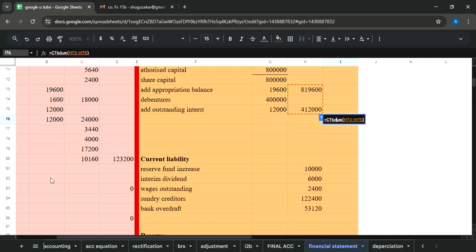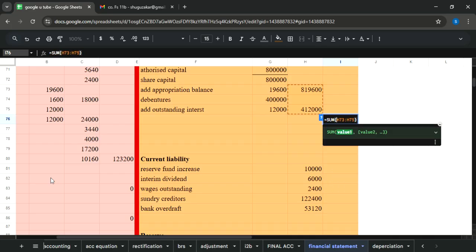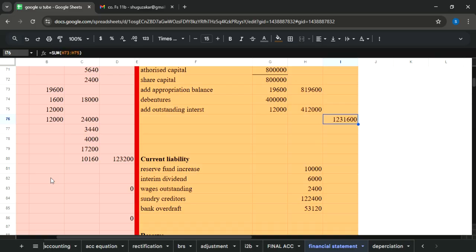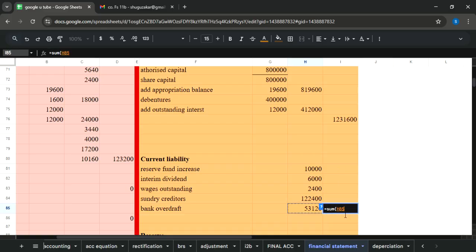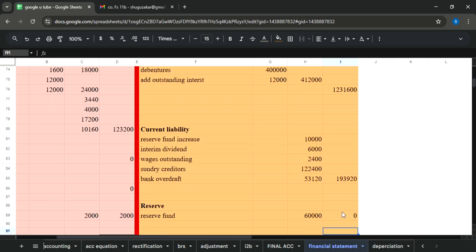Okay, spellings. 8 lakh and 4 lakh. I think it's okay. We will check it again if it is needed. Fixed liability total is ready, and now we will take the total of current liability. That is also completed.